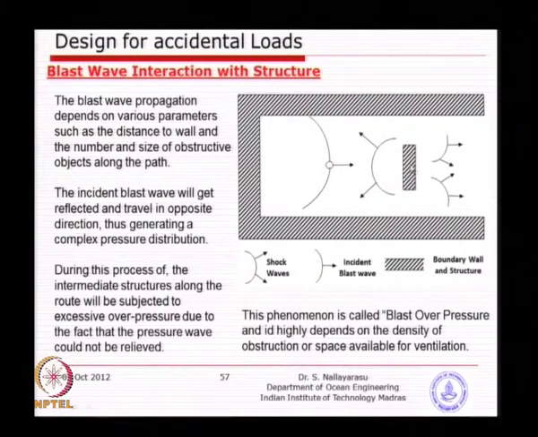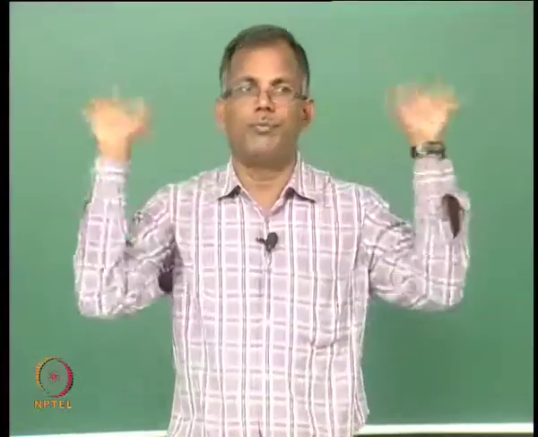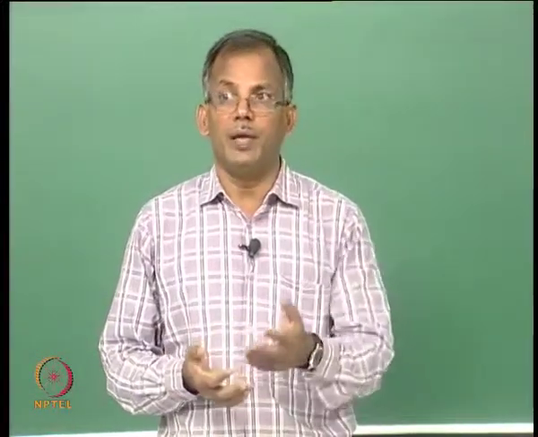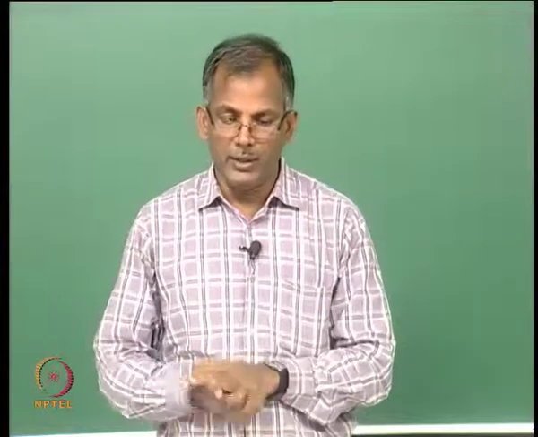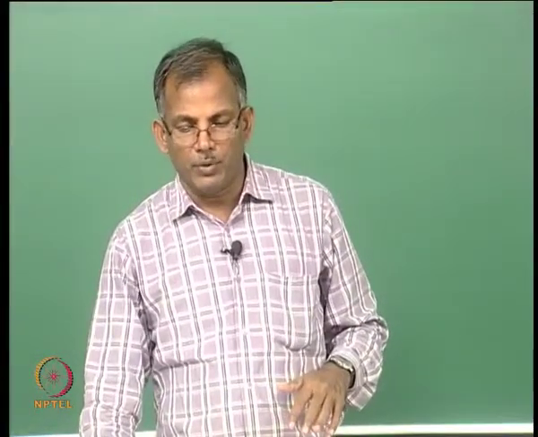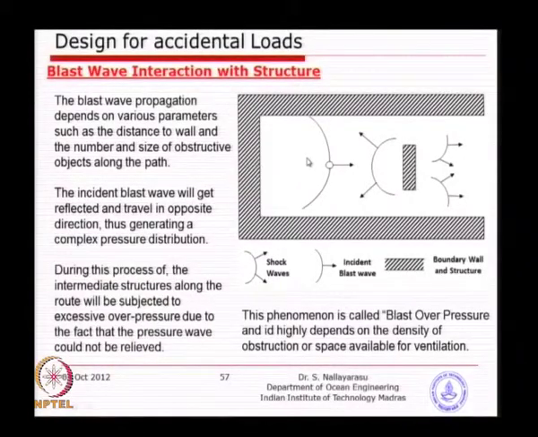Here an obstruction is shown, and the shock wave propagating from the explosion comes backwards from an obstructed space or a wall. Unless you have 100% ventilation, you will see a severe interaction, which is very difficult to simulate, and that is where the pressure will build up, and the weakest component on the wall will try to blow out in that direction.